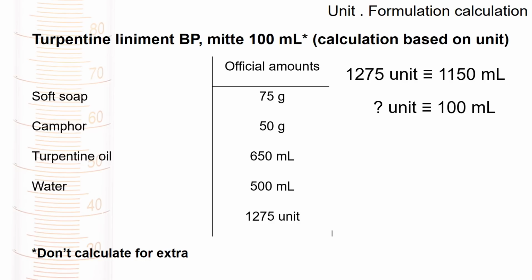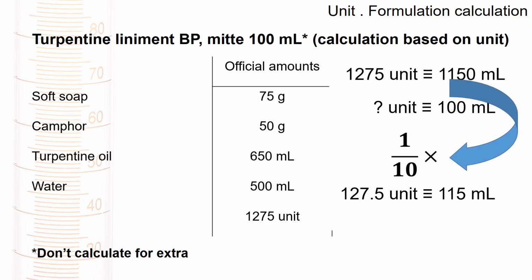To make our life easy and to ensure that we have enough formulation to be dispensed, we just take it the easy way. So let's just prepare 150 ml, and in this case it will make your calculation easier, and second, you will have extra, meaning that you will dispense enough for your patients.